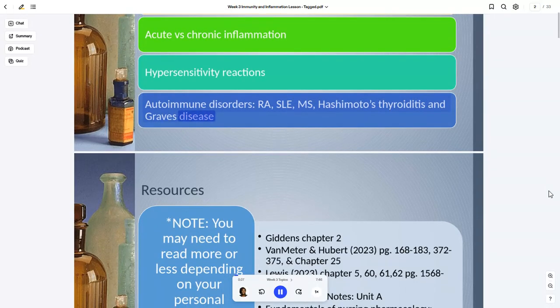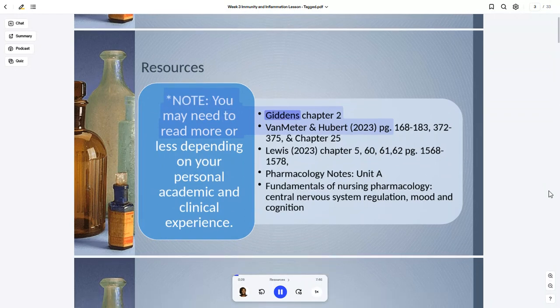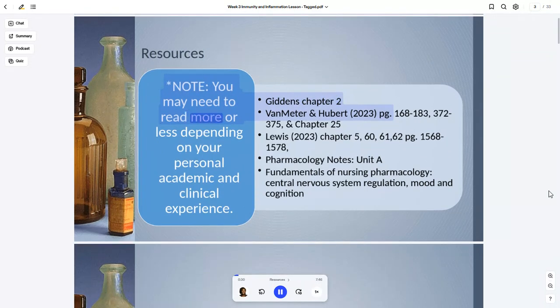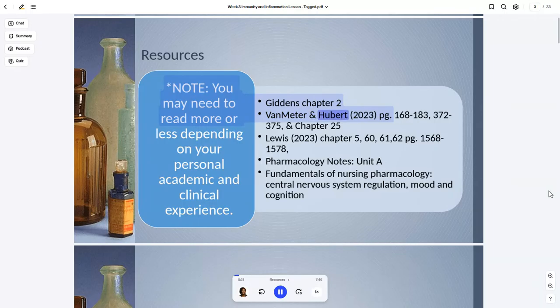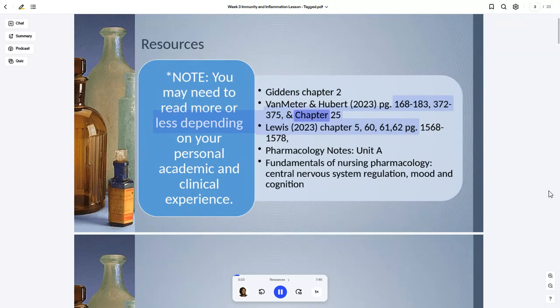and Graves' disease. Resources. Note: you may need to read Chapter 2 in Needon, or in Wiener and Hubert, 2023, pg. 168 to 183, 372 to 375, and Chapter 25.